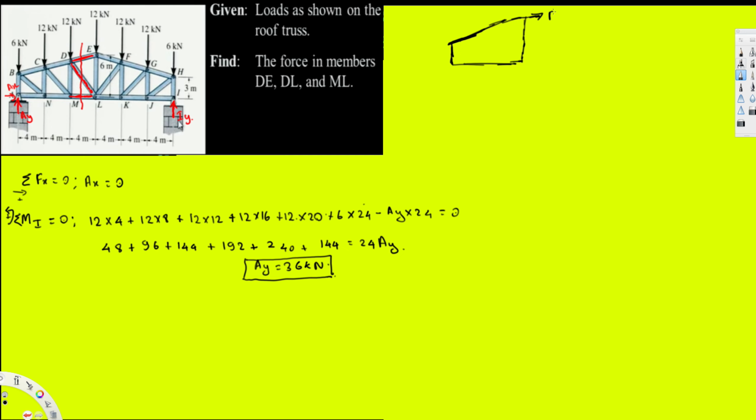DE right here, and we have DL going downward. Also we have ML, and the forces acting on it are, here we have a 12.